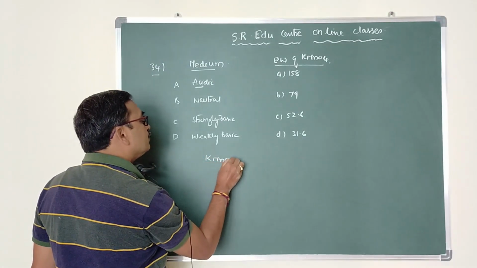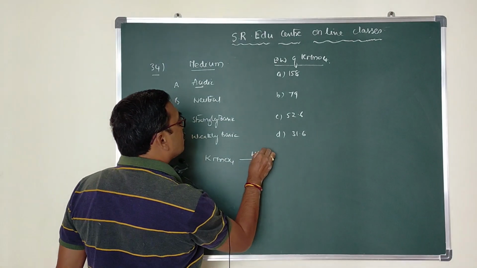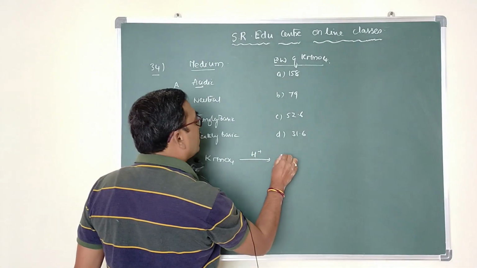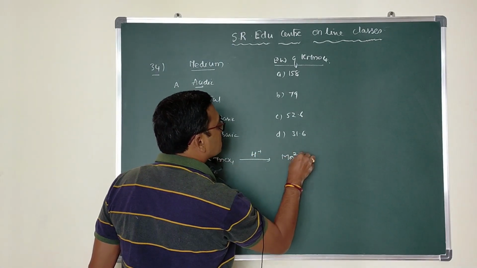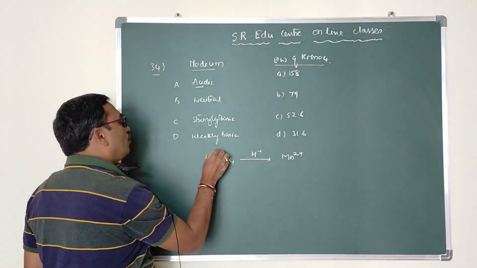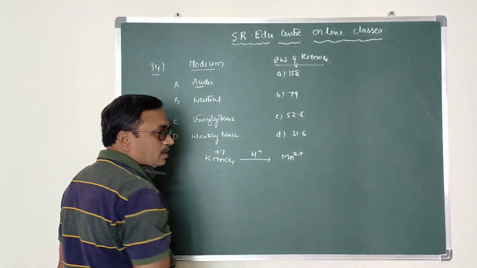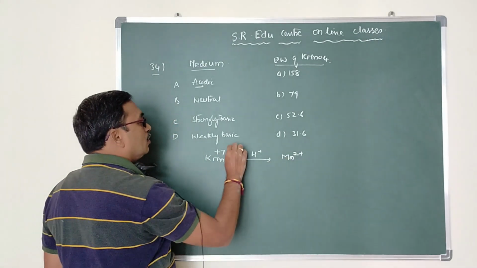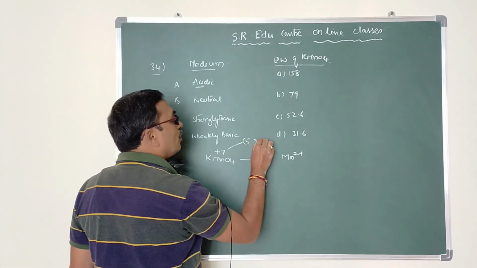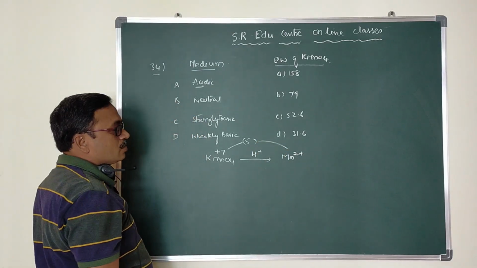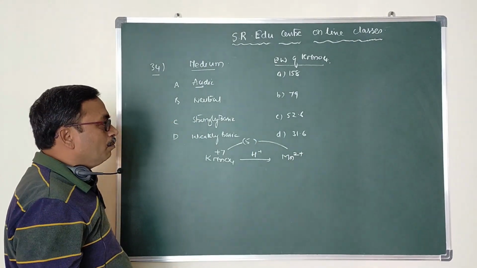See, KMnO4 in acidic medium, H plus means acidic medium, is converted into Mn2 plus. In KMnO4, the oxidation state of manganese is +7, and on the product side, it is +2. Change in oxidation state is 5. Per molecule also 5, since KMnO4 contains only one manganese atom.